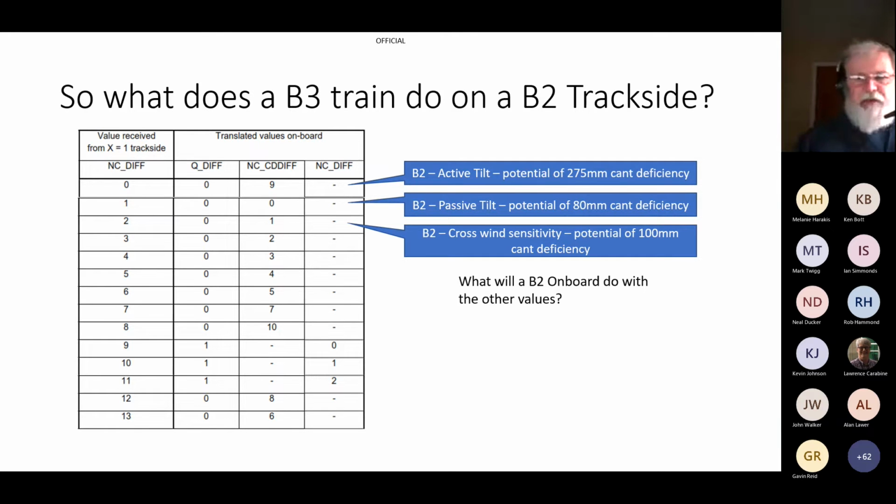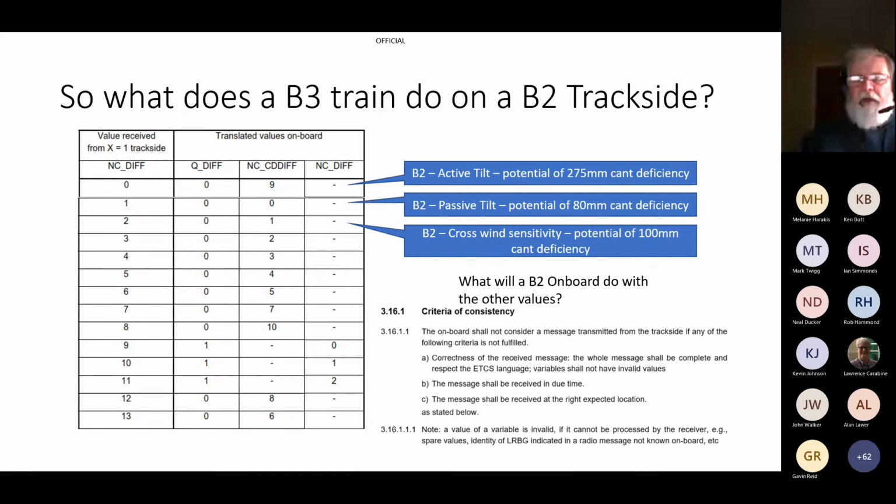But the question then is, what would a baseline 2 onboard do if it got those other values? Well, if we look in the specifications, there is a criteria for accepting messages, and one of them in part A there is that variables shall not have invalid variable values.